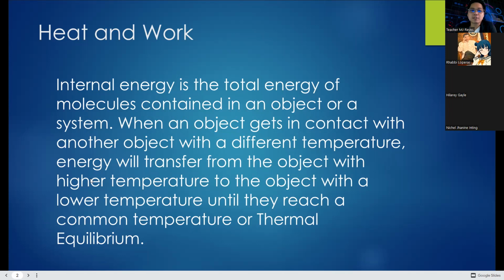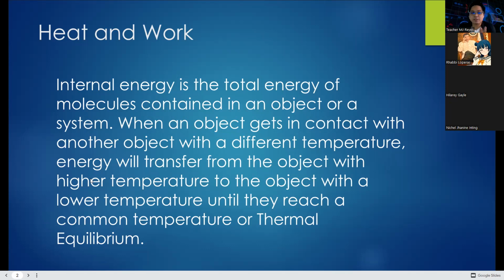When an object gets in contact with another object with a different temperature, energy will transfer from the object with higher temperature to an object with a lower temperature until they reach a common temperature or thermal equilibrium. This is just the same with the container. Like for example, if you're going to have a test tube, we didn't actually have the experiment here with regards to osmosis.